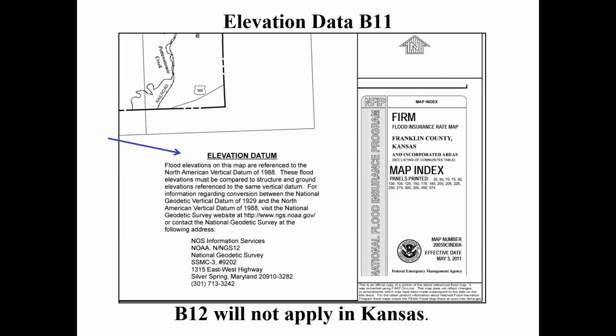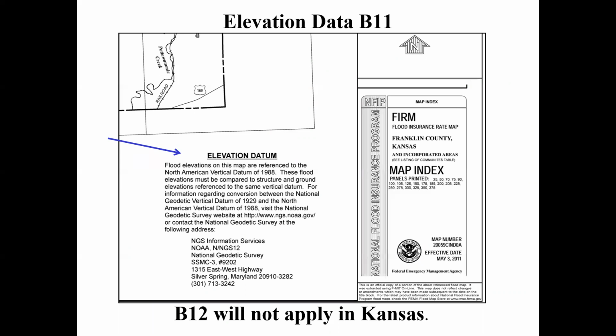Okay, so, our elevation data. The datum from the base flood elevation calculation is going to be really important, and we want our datums throughout the certificate to match up. So we have the North American Vertical Datum of 1988, which is more commonly used nowadays.